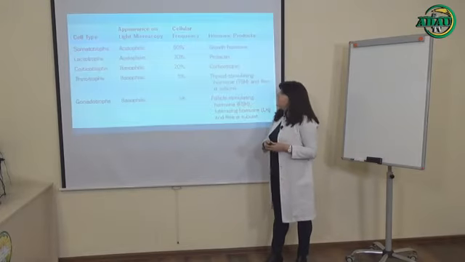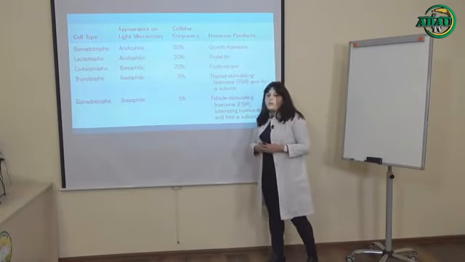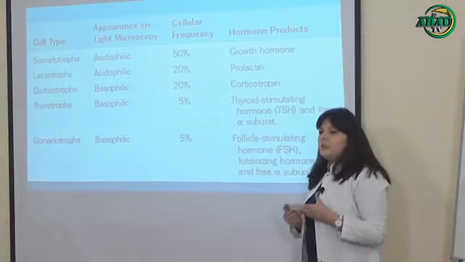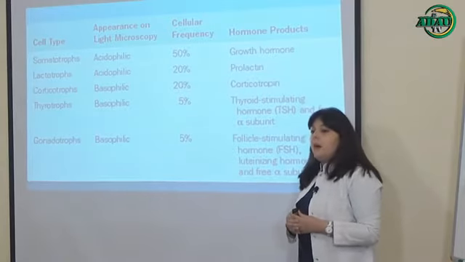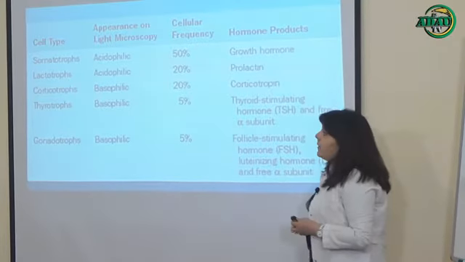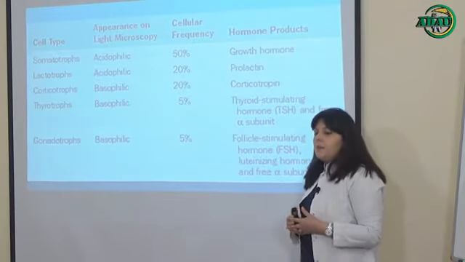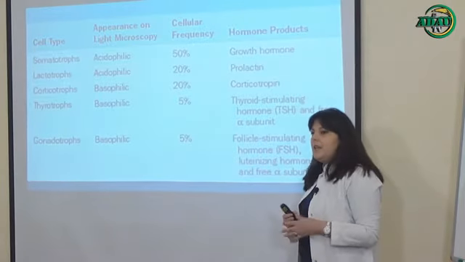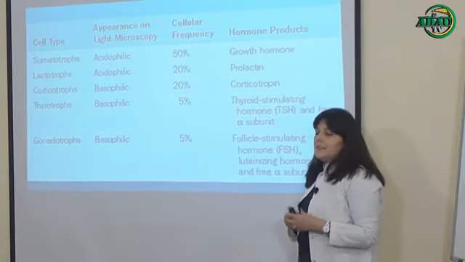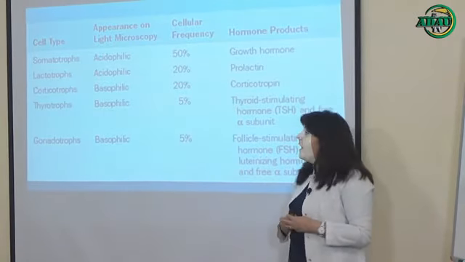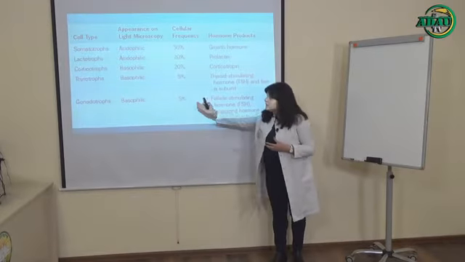So let's continue with the types of cells which are found in the hypophysis. Based on histological investigations and histological survey, it was found that in the hypophysis there are different types of cells which have different ability to stain by dyes. The cells which are stained by the basic dyes are called basophilic. The basophilic cells you can see here.